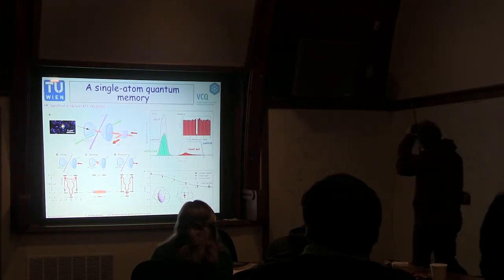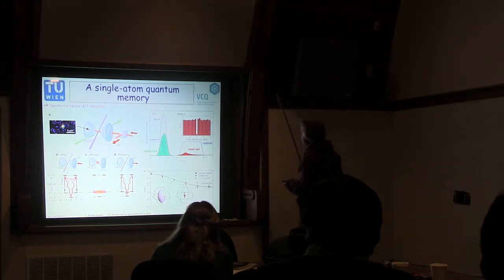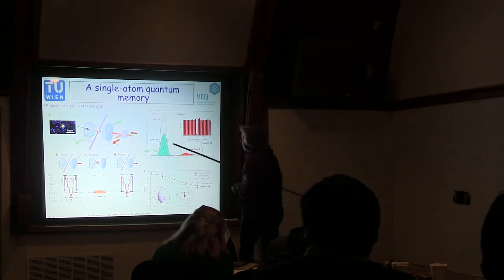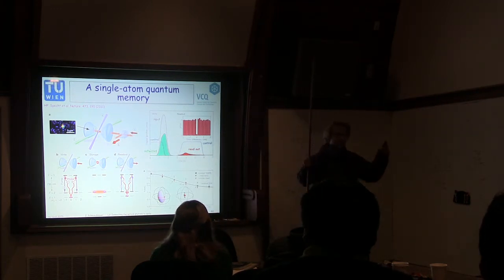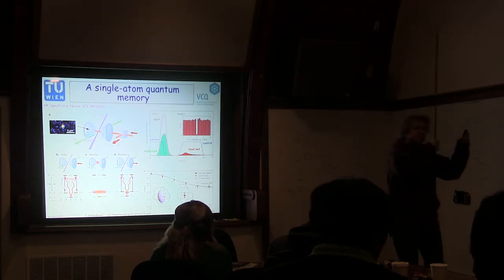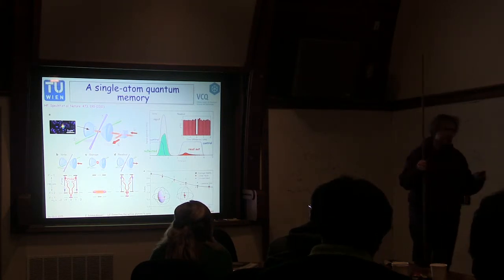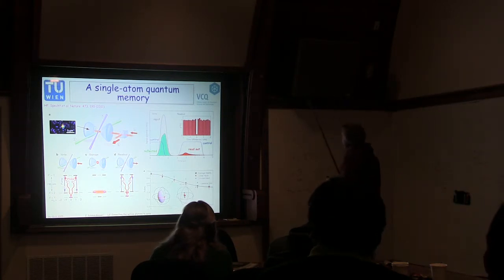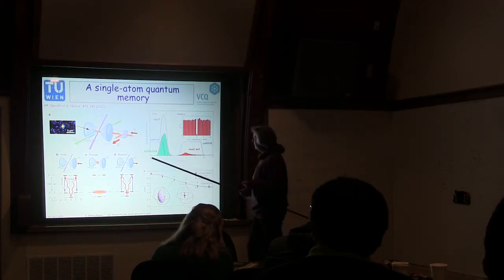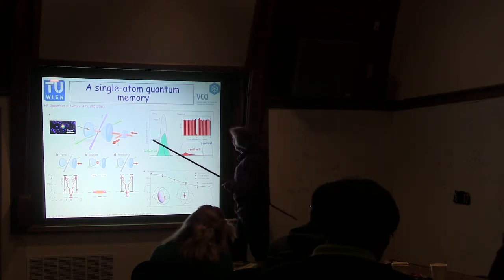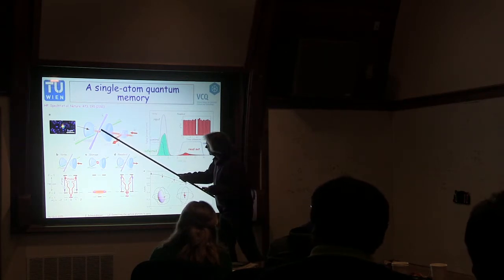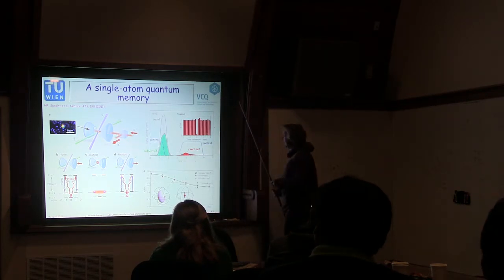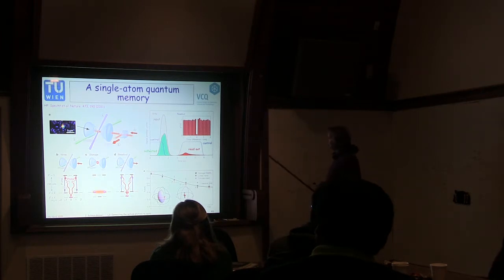And the final thing is that they also managed to write something into the atom. You remember there was this beautiful graph that Paula showed you for the quantum internet. You have to get something out, but you also have to get something in in all of these proposals. Here they show that you can write a quantum state into an atom, but here you see again a problem.